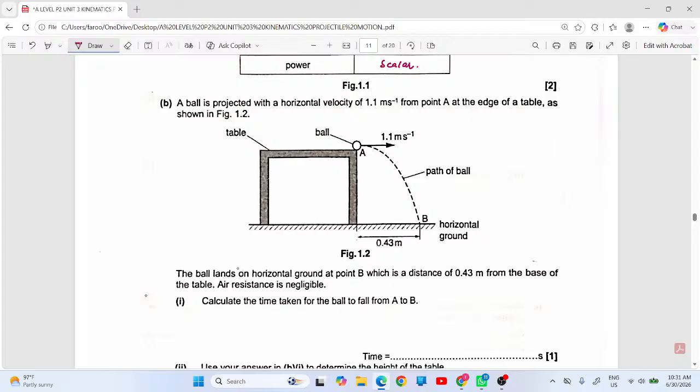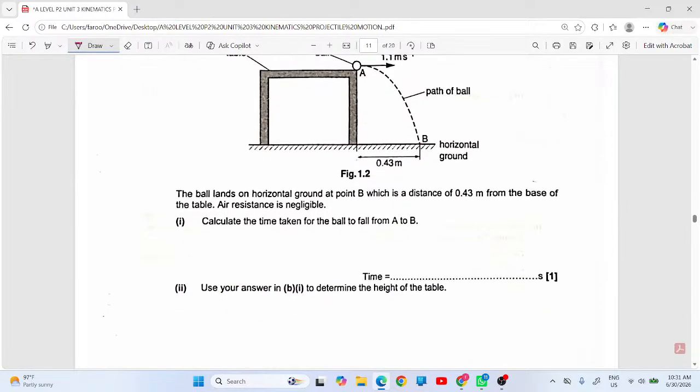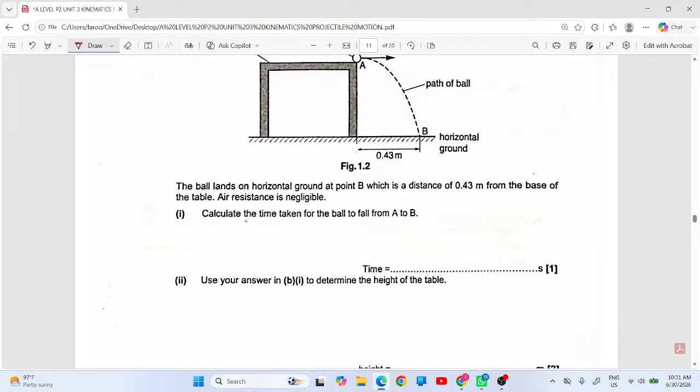The ball is moving downward from the edge of the table and strikes the ground at point B. The ball lands on the horizontal ground at point P, which is at a distance of 0.43 meter from the base of the table. Air resistance is negligible. Calculate the time taken for the ball to fall from A to B.